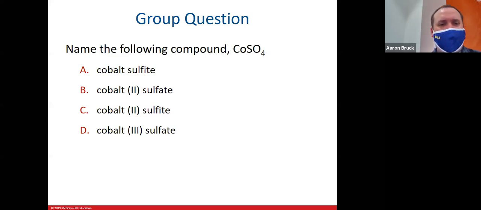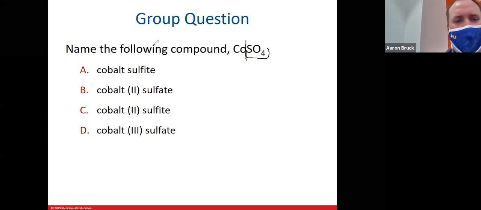Now, I'll give you a hint. We've got our dividers right here, cobalt and SO4. So that's our first hint that we can look at.